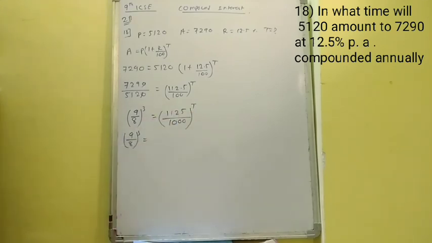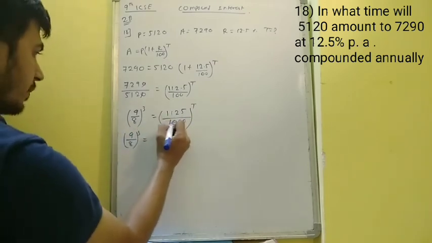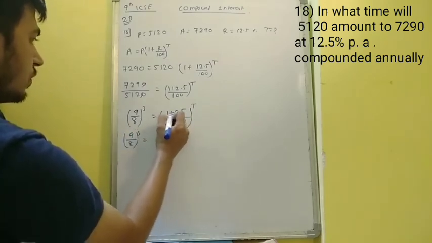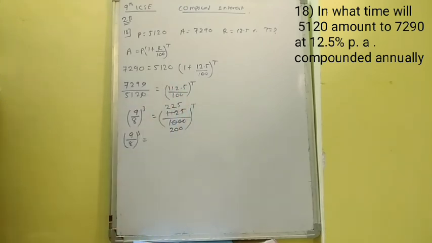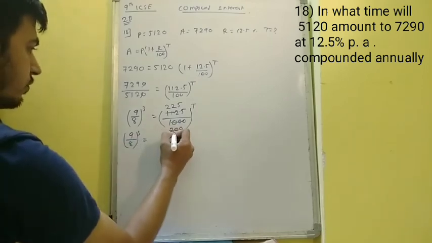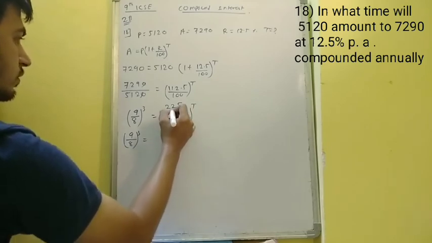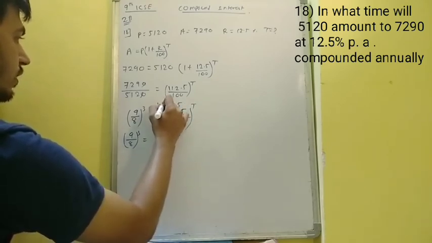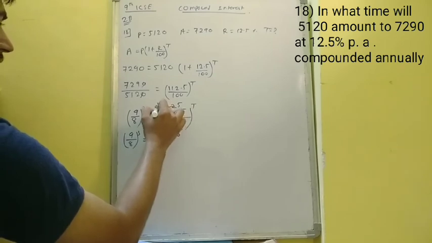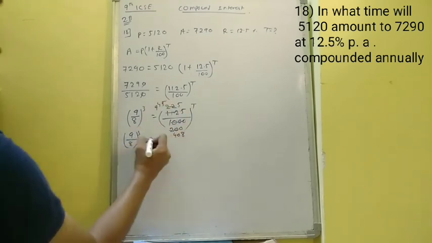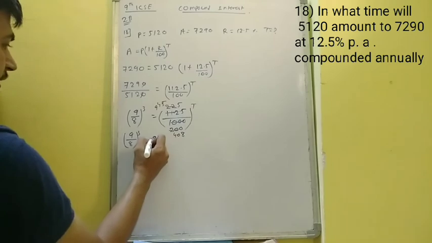When I divide this by 5, we get 225 upon 200, and dividing again by 5, 45 upon 40. And 45 and 40 can be written as 5 nines are and 5 eights are. So we have 9 upon 8 raised to t.